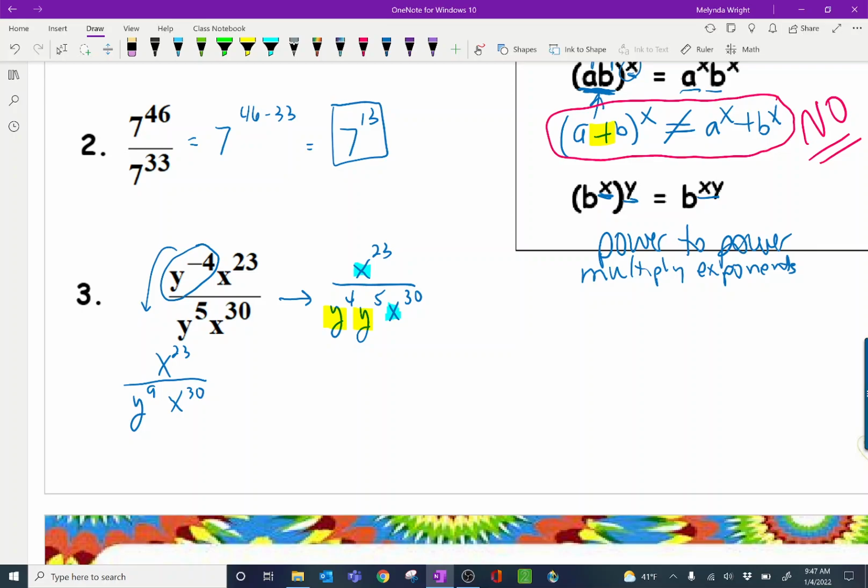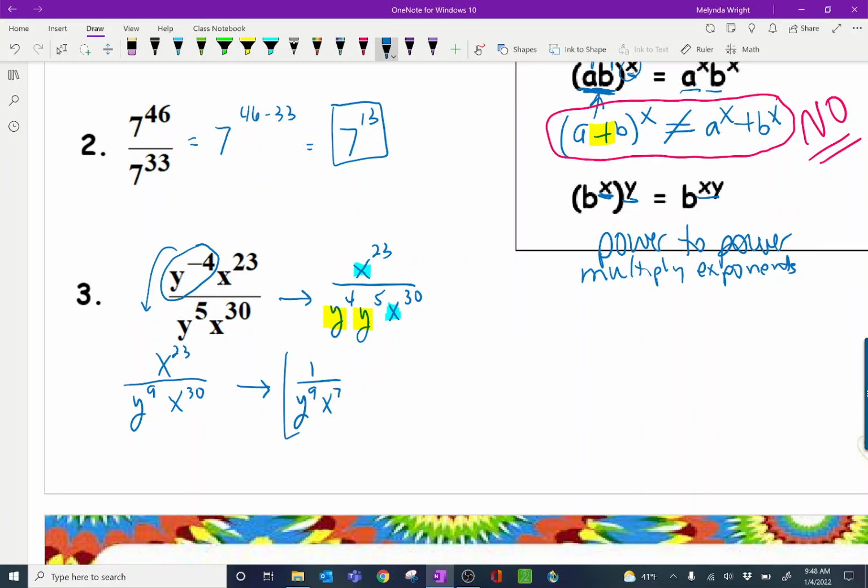Maybe on Friday night, if you don't have anything to do, you can do that. But instead, let's use our minds to think what that would become. The 23 x's in the numerator would cancel with 23 of the x's in the denominator, and it would leave 7.